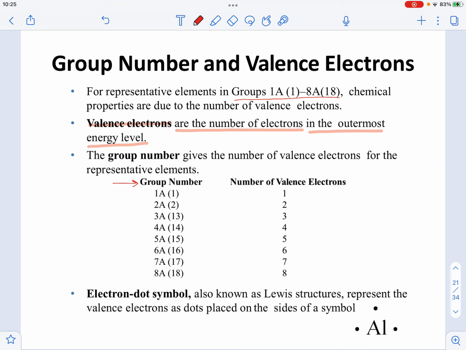If you're in 2A, 2 valence electrons. There's a trend up to 8A, 8 valence electrons. Now, if we look closely at the periodic table, silicon is actually in group 4A. So the result that we saw previously makes sense because silicon is in 4A. It has 4 valence electrons.